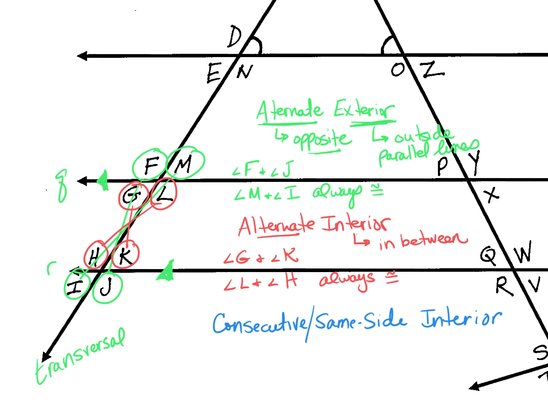So L and K are same side or consecutive interior angles, as are G and H. Consecutive or same side interior angles are always supplementary.